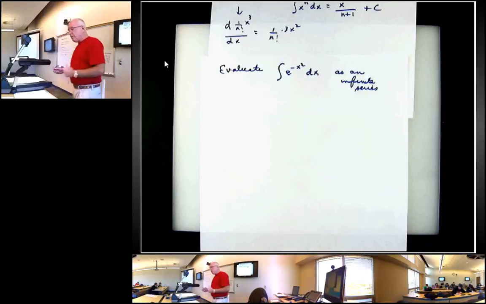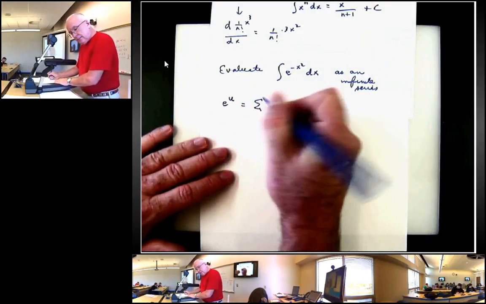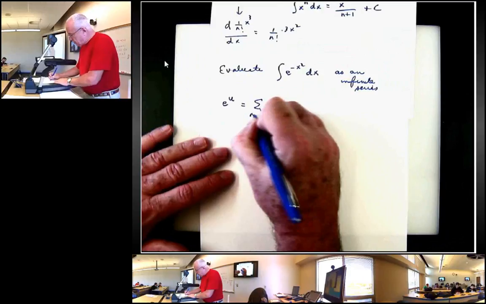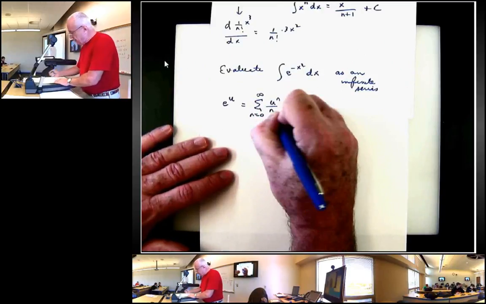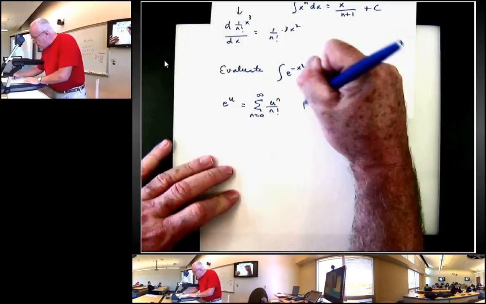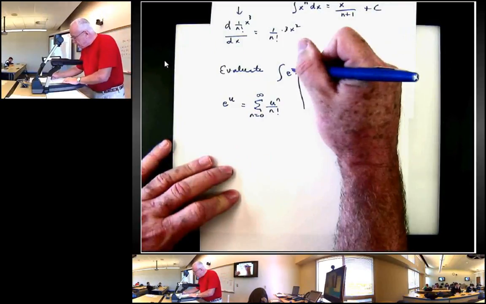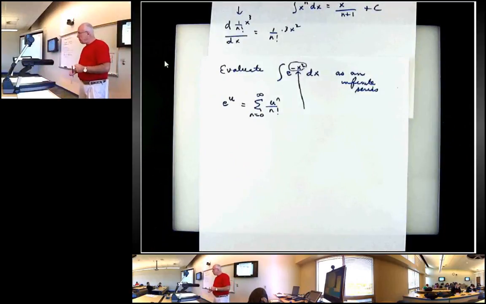We're going to use the formula that we're given, and that's on that blue sheet of paper, that e to the u is equal to the sum from n equals 0 to infinity of u to the n power over n factorial. And in this case, our u is going to be this negative x squared that's in the exponent spot.